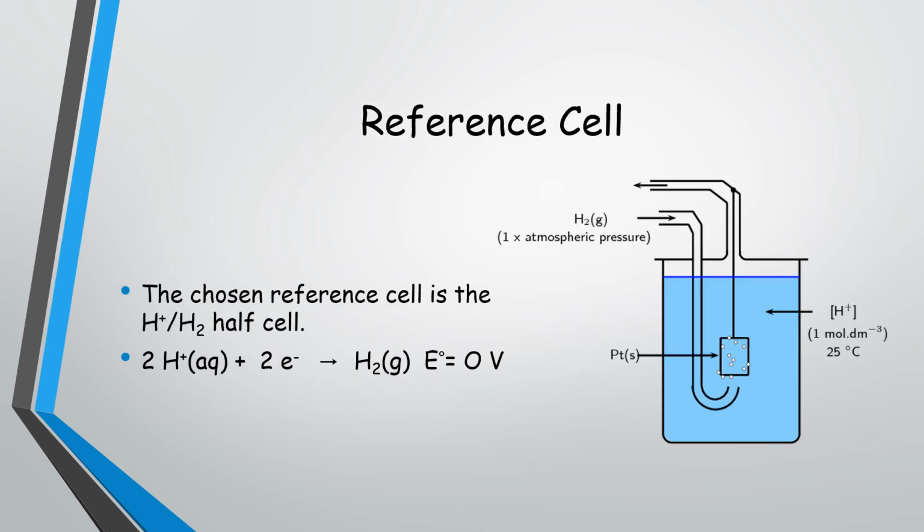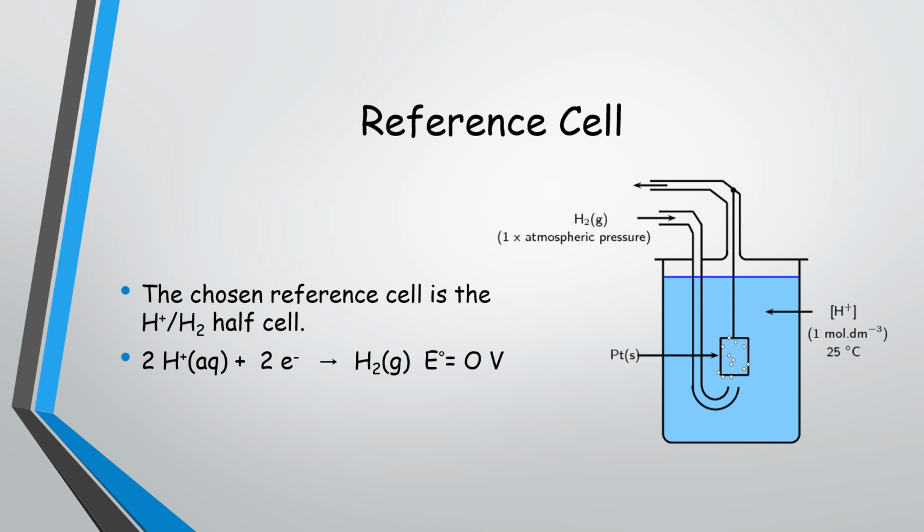Now, the reference cell that we have chosen is the hydrogen ion hydrogen gas reference cell. It consists of a platinum electrode, and we usually have a glass tube over it to keep the hydrogen gas in contact with the platinum. This reference cell is coupled to another half cell or half reaction that you're interested in to obtain a voltage value.